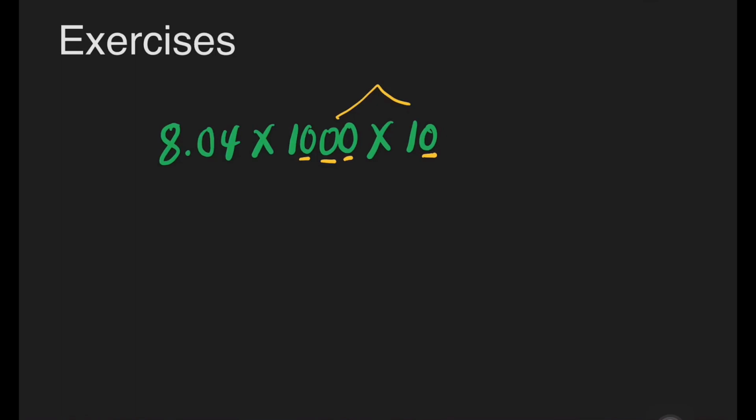So we have 4 decimal places to be moved to the right. So from here, we write 1, 2, 3, 4. We will just put zeros in the empty spaces there. So our final answer will be 8, 0, 4, 0, and 0.